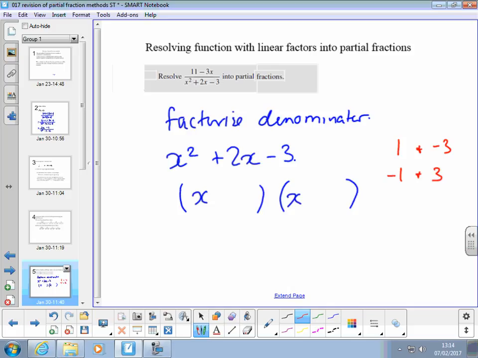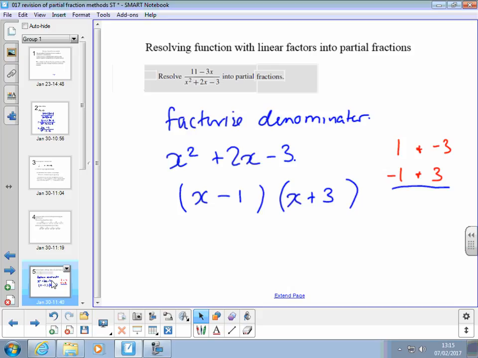Which two of those, the next question is, which two of those add together to give us plus 2? It's got to be them two, isn't it? So it must be in here minus 1 and plus 3. So that's the denominator factorised.